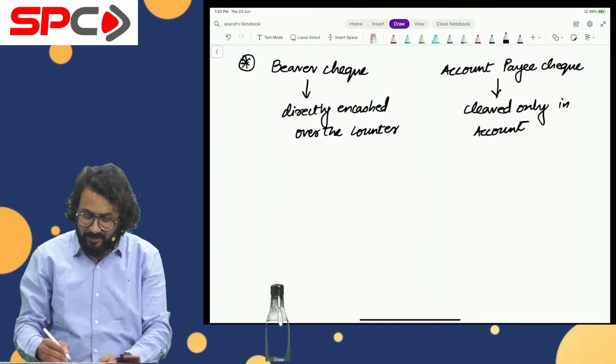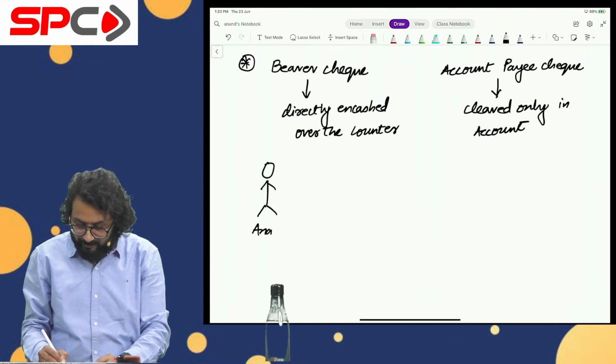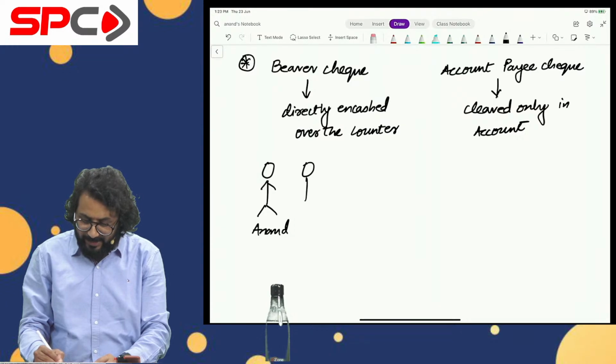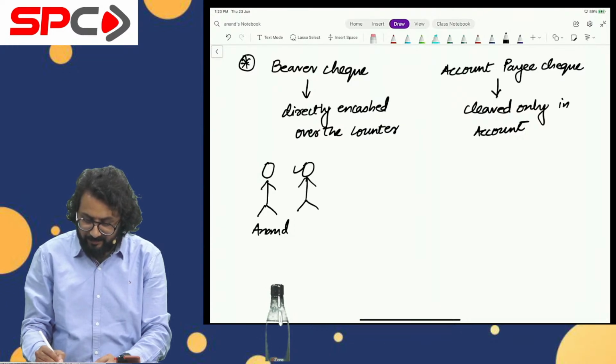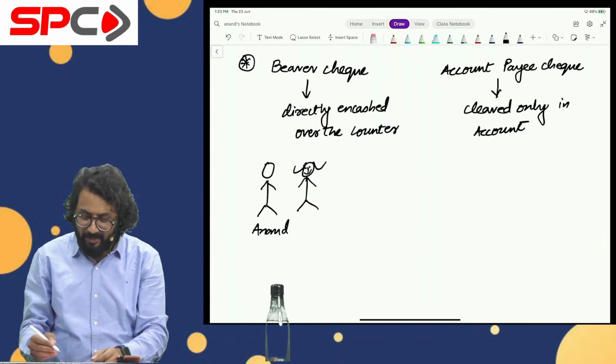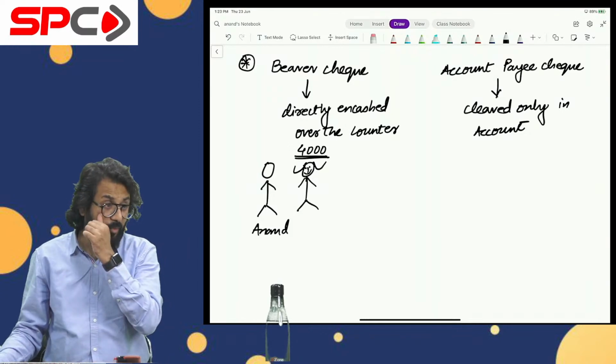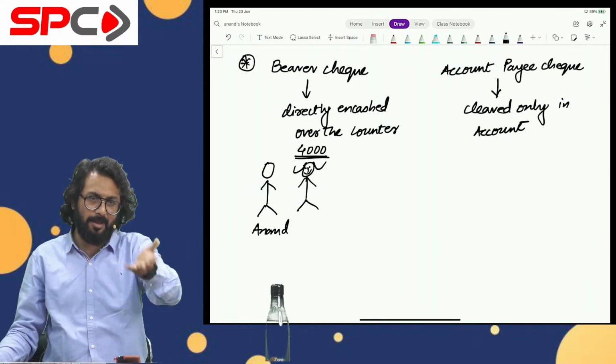So what happened was, it is me, ANANDH BHANGGRIYA, and here is Champa. I was supposed to pay Champa ₹4,000. This was payable by me.